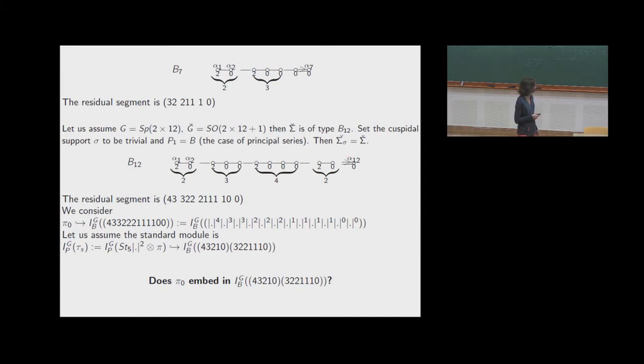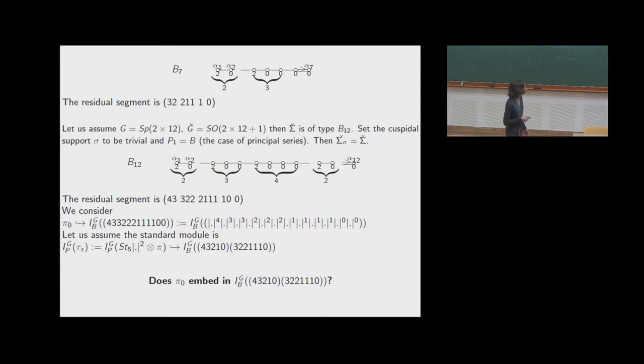This is a standard module. I will get a Steinberg twisted by 2. And this B7 I defined up there. So this is just an example I constructed, right? It's just to give you an idea of the question we try to answer. So this is B7, and these are the segments corresponding to the Steinberg twisted by 2.